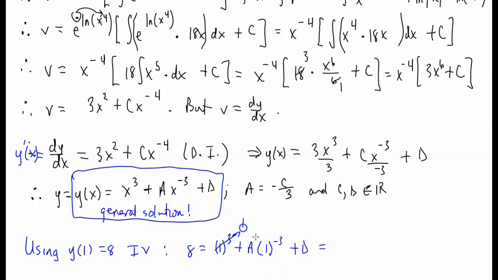And all of these powers of 1 are just 1. So 8 is equal to 1 plus a plus d. And this means 7 is equal to a plus d.